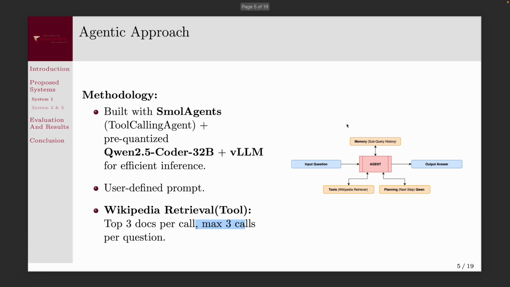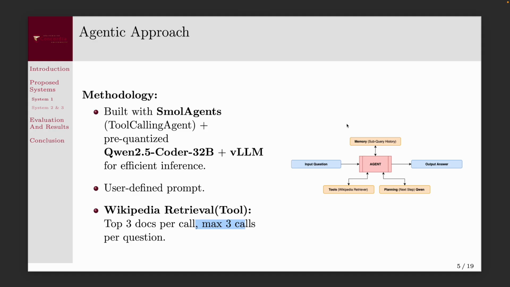Coming to the methodology, we used the smolagents framework, specifically a tool calling agent that returns JSON blobs for function calls, which are handled by the agentic framework to make the function calls. The agentic framework uses Qwen as the LLM, hosted via vLLM for efficient and faster inference.